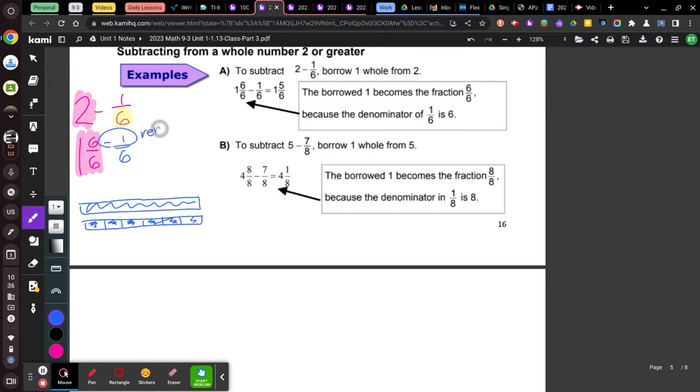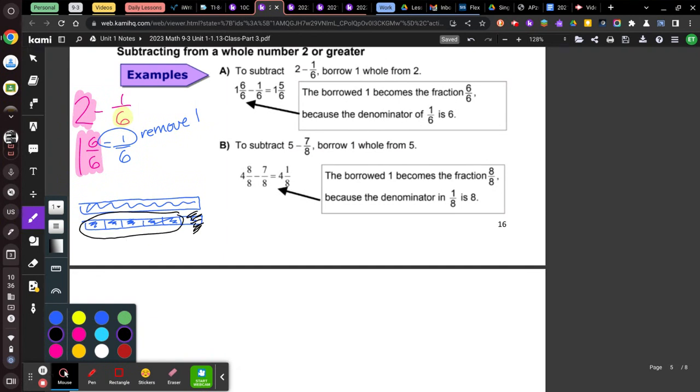So if I remove 1 of those right there, how much is left over out of 6 that's shaded? If I remove 1, how many are still left? 5. Good. So that means I still have the 1 and 5 left over out of 6. So that's how they get the leftovers.